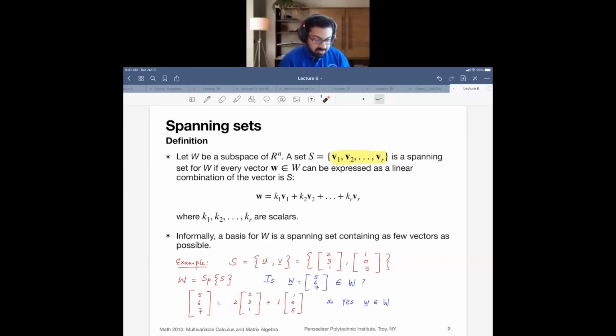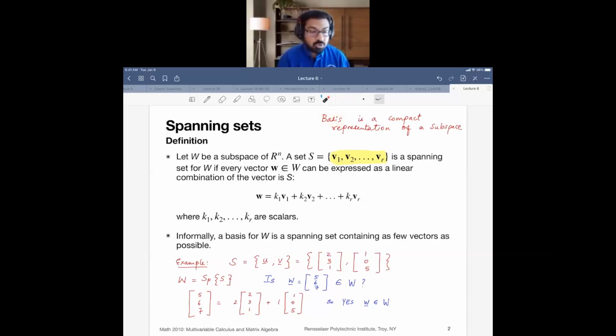What a basis is, essentially, is a compact representation of a subspace. So when you're talking about a spanning set, there was no such requirement that all the vectors had to be linearly independent.